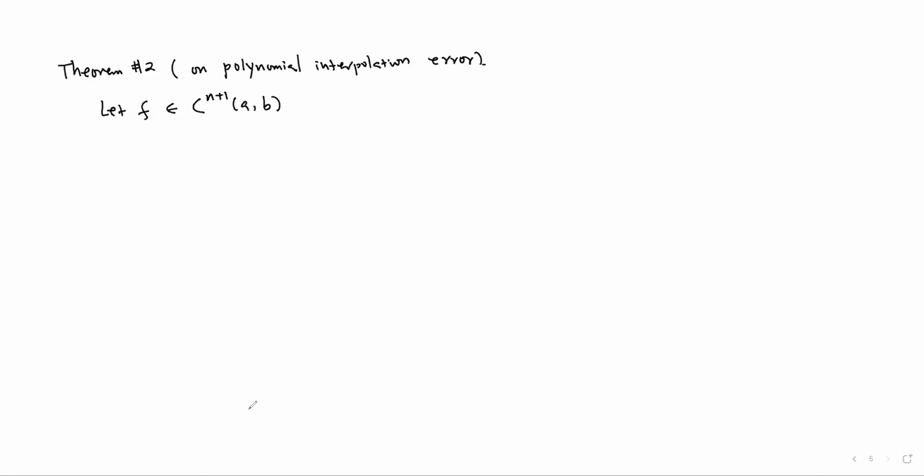Let me see. Here, not n plus 1. Let me erase. n is the number of the roots. No, here is not n. How about I use m? m and n are different.